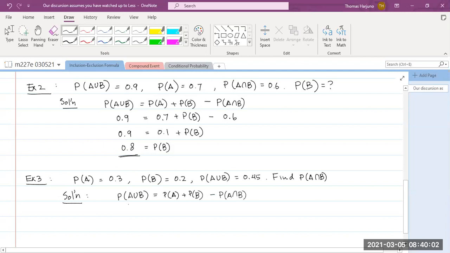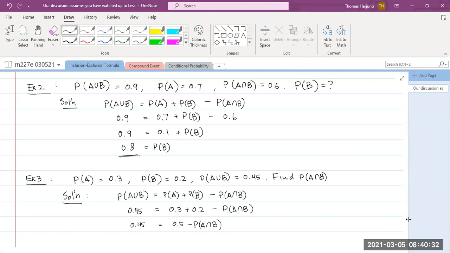Now I plug in numbers. 0.45 for the union. This is 0.3, this is 0.2, minus the probability of the intersection. So 0.45 equals 0.5 minus probability of the intersection.